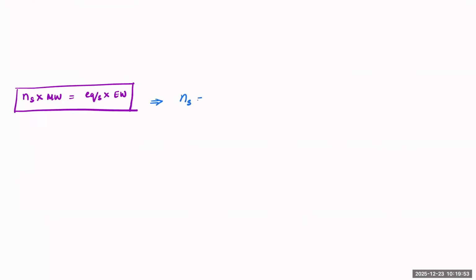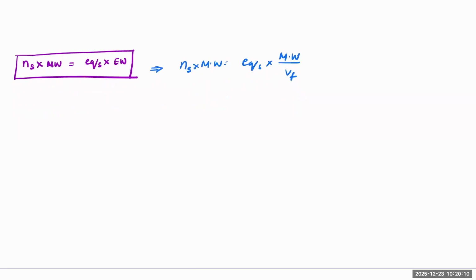Number of moles of solute into molecular weight is equal to equivalence of the solute into molecular weight upon the valency factor, because EW is molecular weight upon valency factor. Correct? So from there, you can clearly see that molecular weight here and molecular weight term here will get cancelled.